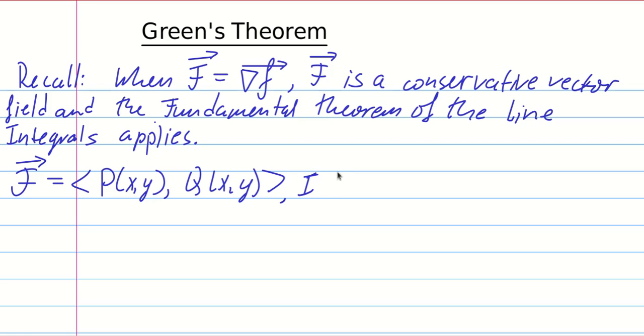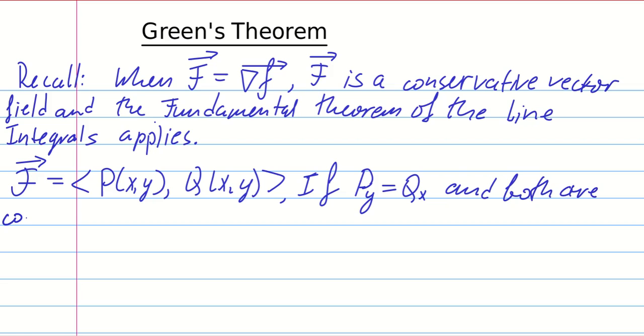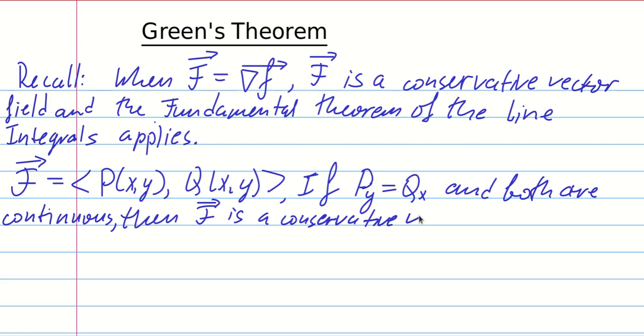And if P sub y is equal to Q sub x and both are continuous, then F is a conservative vector field. So this is a summary from the last lecture.